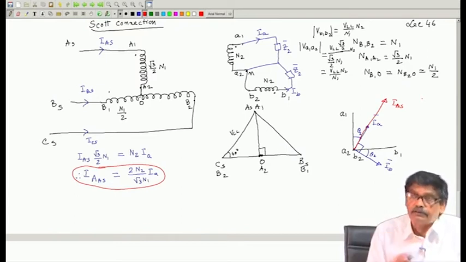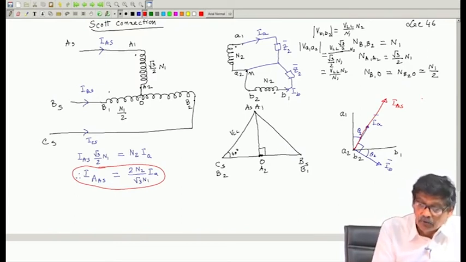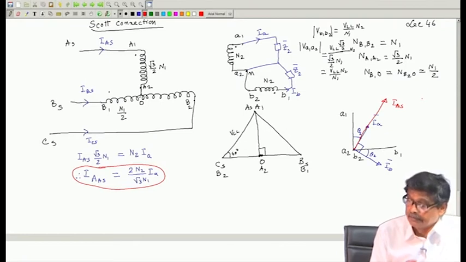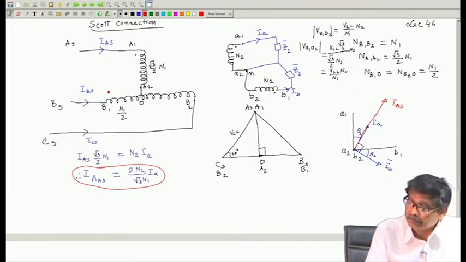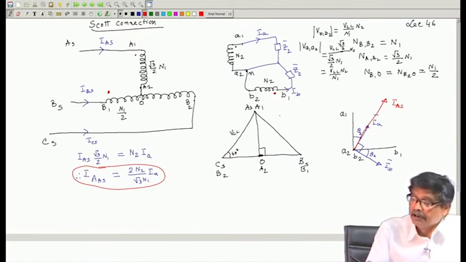So, I_AS is known. Now, the question is how to calculate I_BS and I_CS. This part you have to go carefully. So, these are the dot terminals. Through the dot, current I_B I have shown coming out.